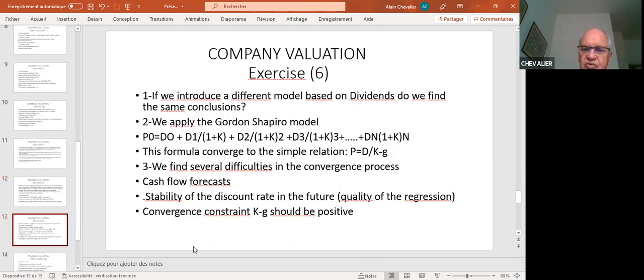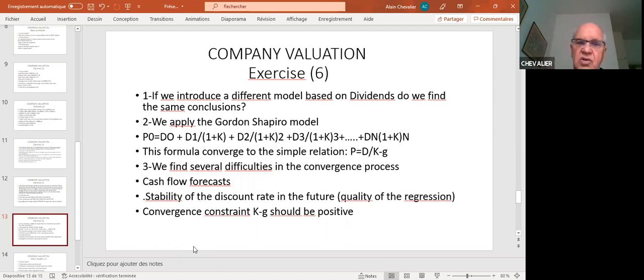Then I will introduce something which is completely different, which is called the Gordon-Shapiro model. This is what I mentioned, saying we can also use the future flows. And we have two categories of future flows: cash flows, free cash flows. Remember what we said on the calculation of free cash flows in the preceding course.